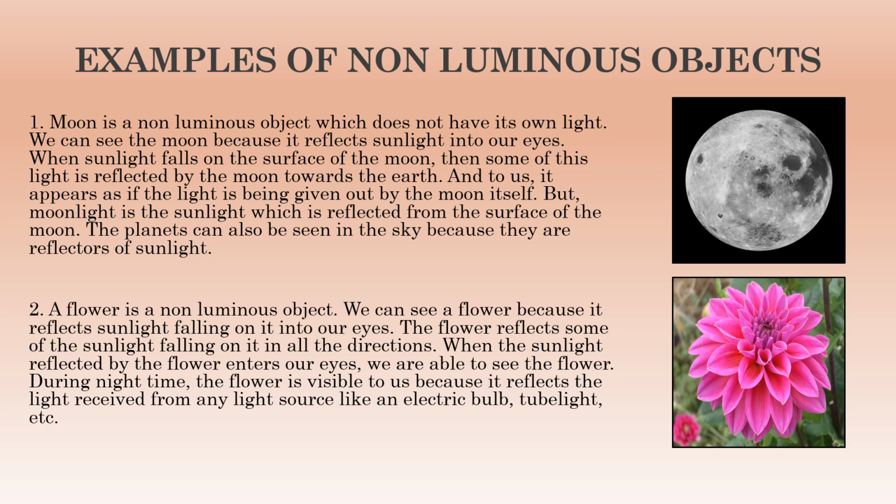Now, during night time, the flower is visible to us because it reflects the light, but not from the sun. It reflects the light received from any light source, like, say, an electric bulb, tube light, or some fire glowing nearby.